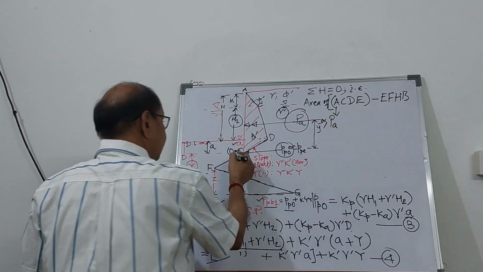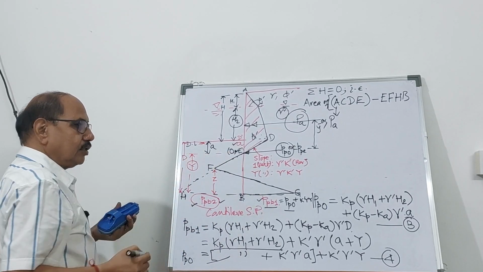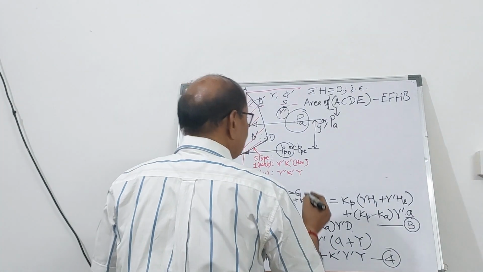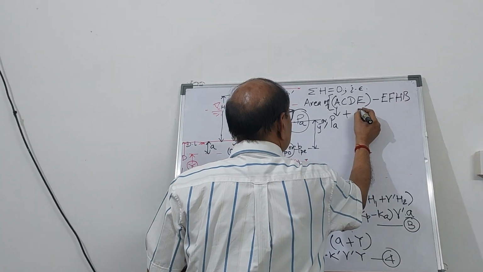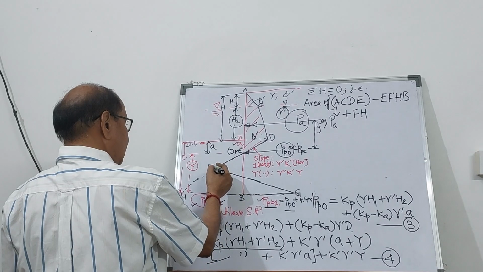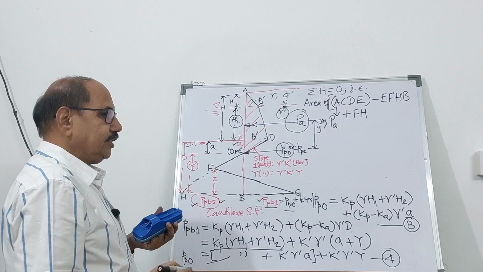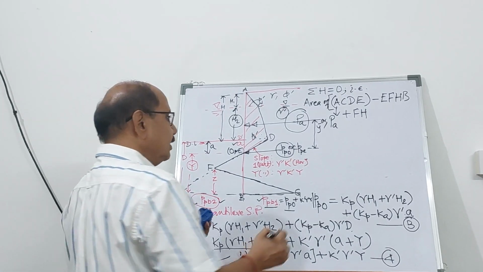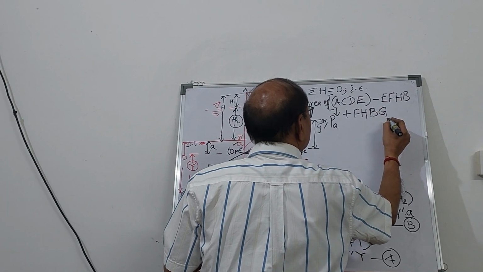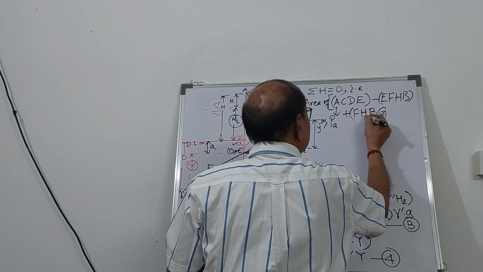So you have deducted EFHB, this triangle, completely, plus this FHBG area.